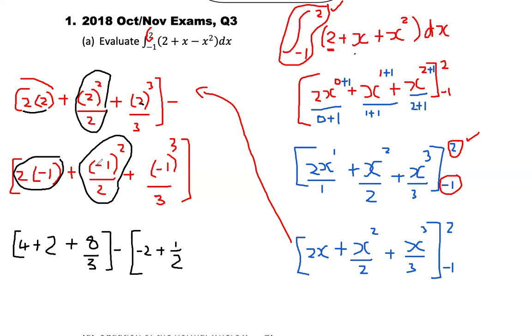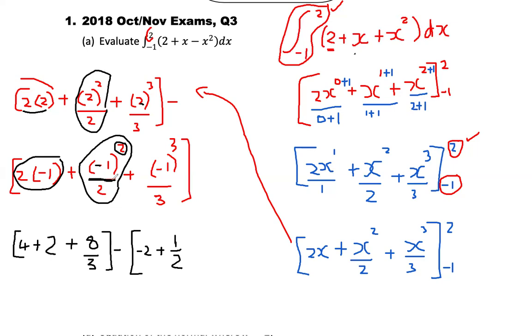The negative is being multiplied how many times? Twice. It becomes positive. So on top, negative 1 times negative 1 will give us 1, then it is divided by 2. Remember, the power is only for where there's x. So this 2 is not being raised to power 2. Are you lost?